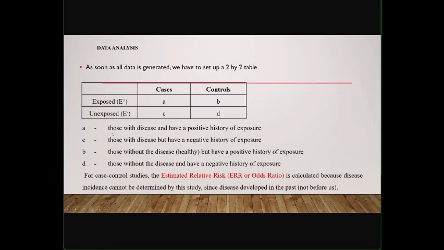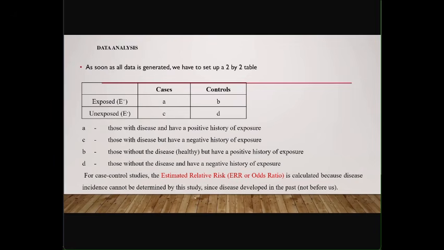Okay. Now, B, those without the disease, the controls are healthy people. They are without the disease, but they have a positive history of smoking, which tells us that it's not everybody who smokes will develop lung cancer or cardiac disease. It's not everybody.